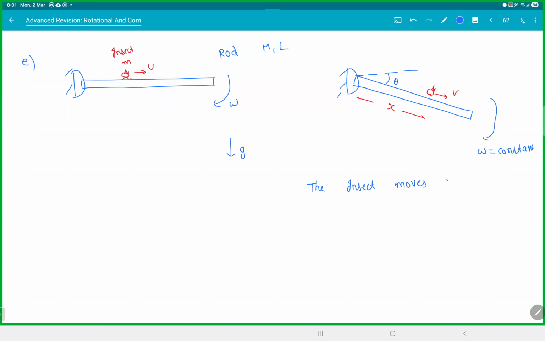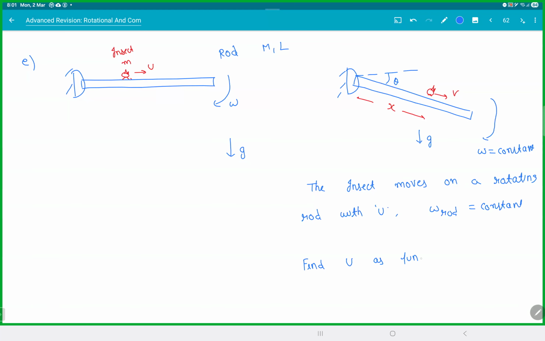The insect moves on a rotating rod with u. Omega of the rod is constant. Now think about this. If there's a gravity, shouldn't the speed of the rod increase? Omega shouldn't be faster and faster. But for some reason, omega of the rod is constant. Find the speed of the insect as function of x and theta.